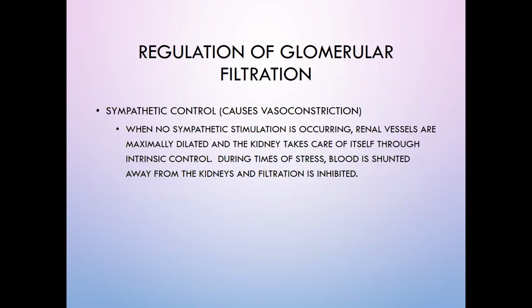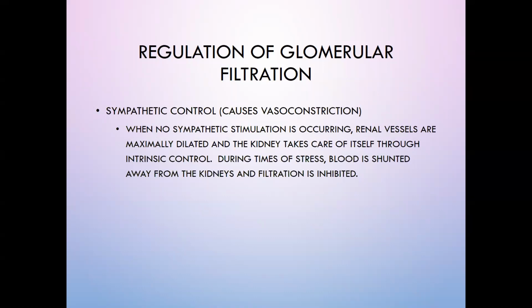Okay, and then sympathetic control. We briefly saw this in the urinary system physiology lab, but always know that sympathetic control is always going to cause vasoconstriction, because remember, sympathetic fibers go to vascular smooth muscle and cause vasoconstriction.